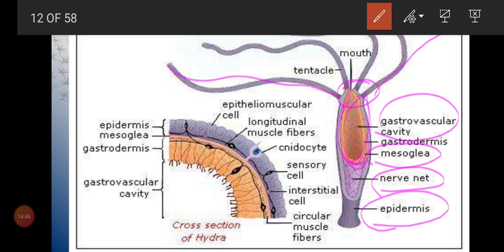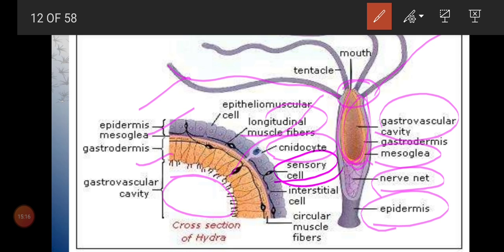And we can see the epidermis. And what is the cross section of Hydra? We can see the epidermis, the mesoglea layer, and the gastrodermis as the inner layer, and the gastrovascular cavity. This is not a gut cavity, it is different from the coelom cavity, children. The gastrovascular cavity is a gut cavity, whereas it comes under the acoelomate group only. And there are some muscle fibers and cnidocytes, which will be present on the tentacle.